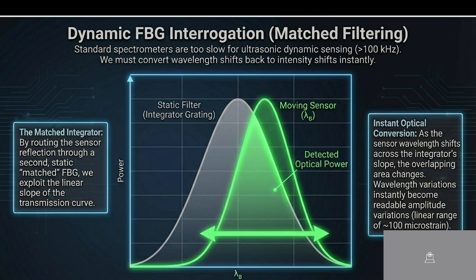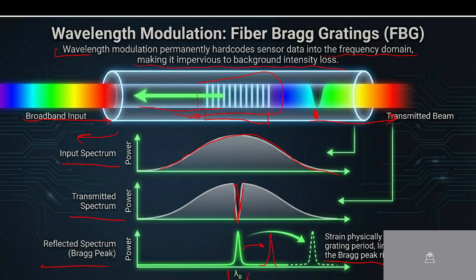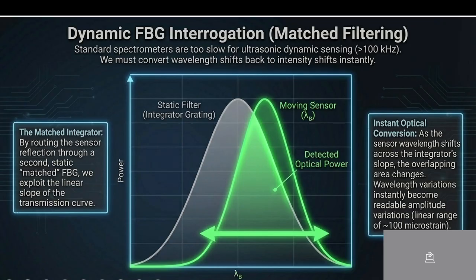Now we have discussed why it is happening, the reflected spectrum, and how it is coming, but why is this shifting happening? The dynamic FBG interrogation uses a standard spectrometer, which is too slow for ultrasonic dynamic sensing greater than 100 kilohertz.